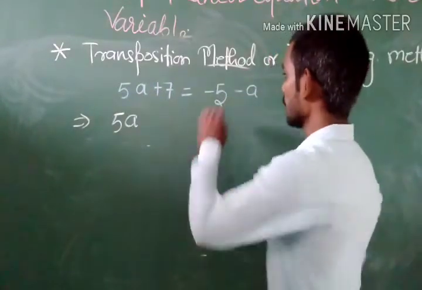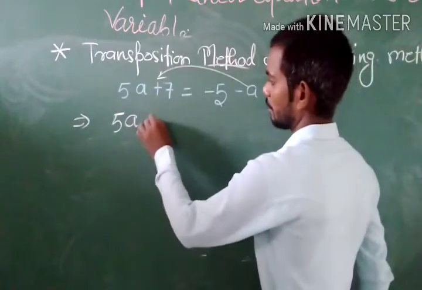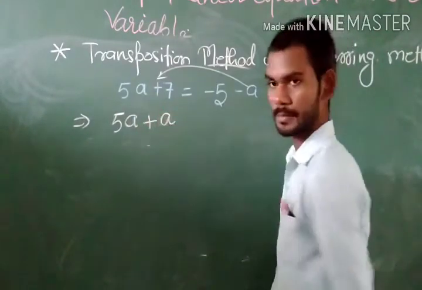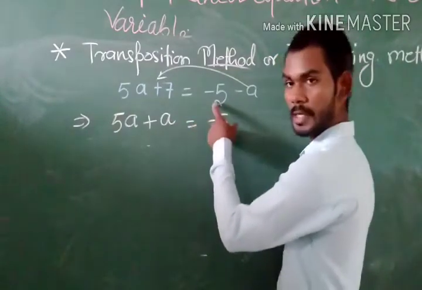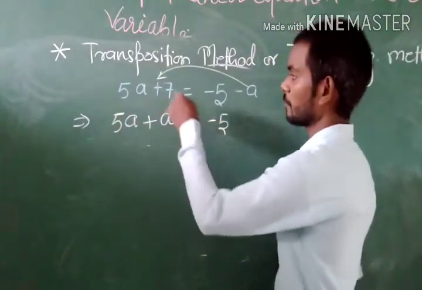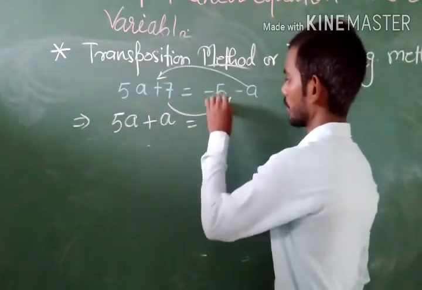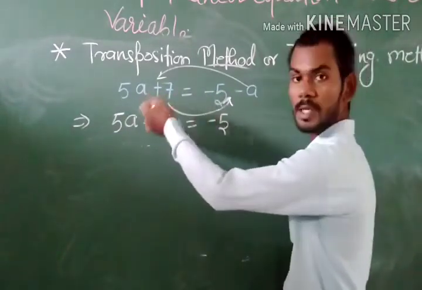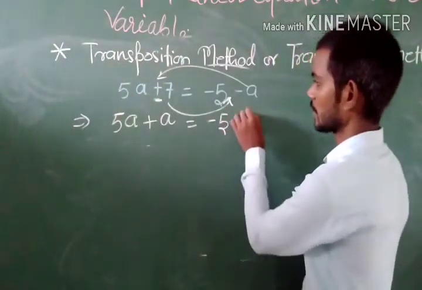So minus a when transferred to left hand side becomes plus a. Similarly, minus 5 will stay as it is, and plus 7. When plus 7 goes to right hand side, the plus becomes minus, so we have minus 7.